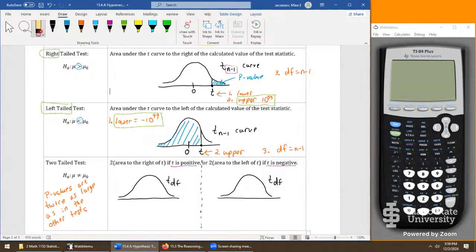Let me put n-1, just for the sake of parallelism. Sorry about that. Degrees of freedom is n-1. Both are centered at 0. But we said on the pane to the left, t is positive, so we have to put it to the right. On this pane, we said t is negative, so we have to put it to the left of 0.